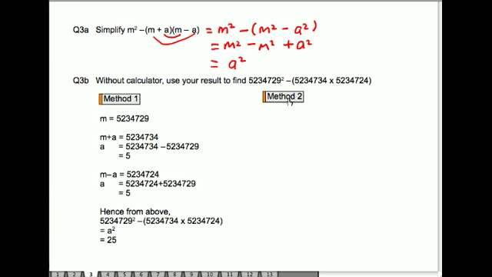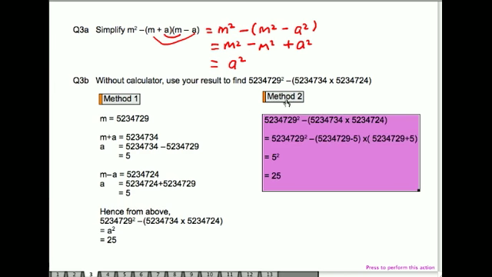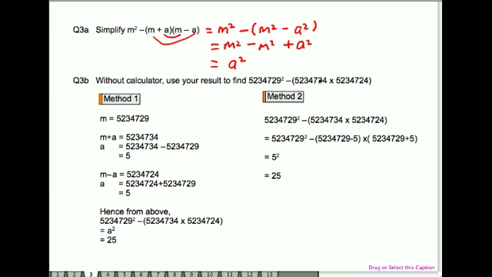We can also solve the sum by using a second method. In this method here, we rewrite the numerical expression to take a similar form from what we see in the first sum.